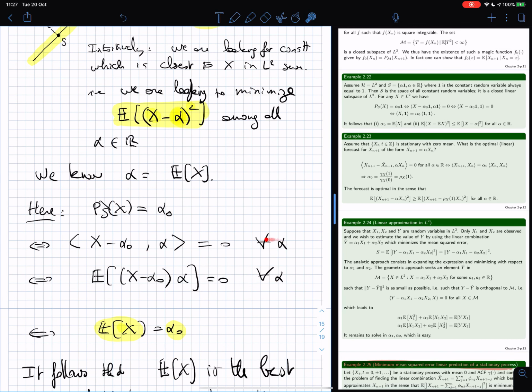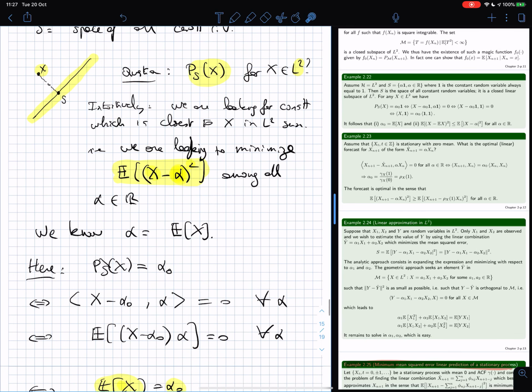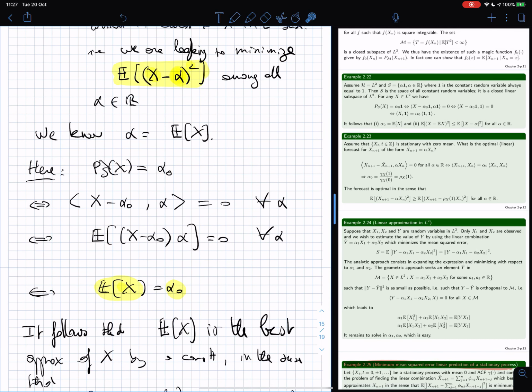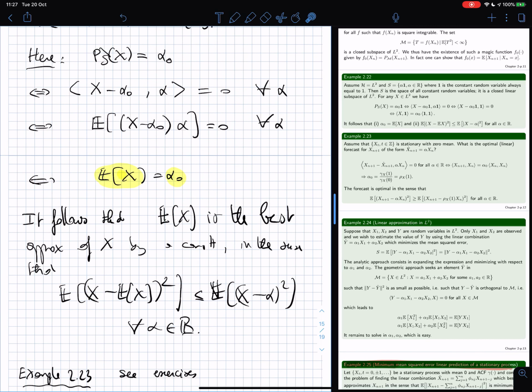Orthogonal to all constants means that x minus the constant, whatever it is, alpha 0, has to be such that the scalar product between this guy and this guy is 0 for any guy here. That means being orthogonal to all constants. But this is just the expectation of x minus alpha 0 times alpha, which has to be 0 for all alpha. Therefore, the expectation of x has to be equal to alpha 0. Therefore, we have just shown that the expectation of x is the best approximation of x by a constant.